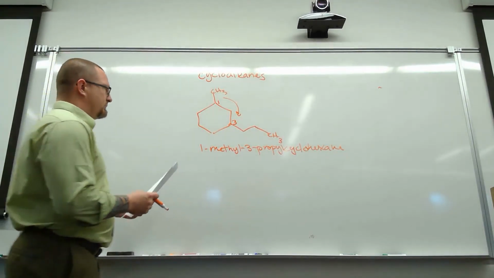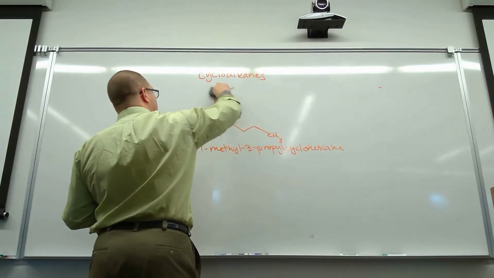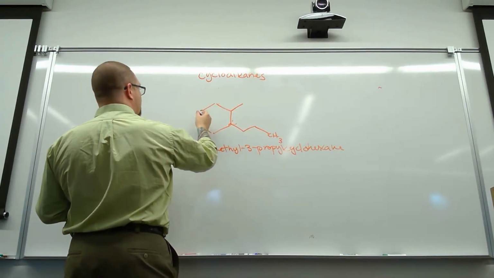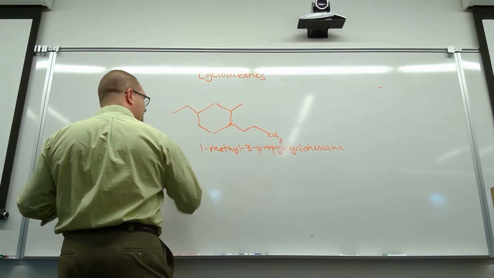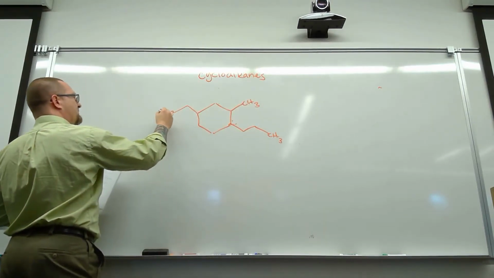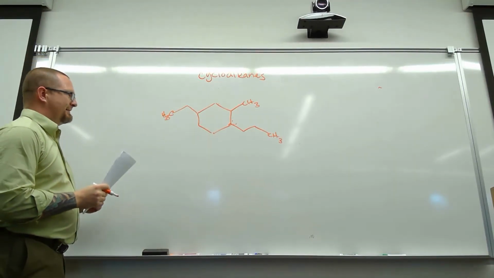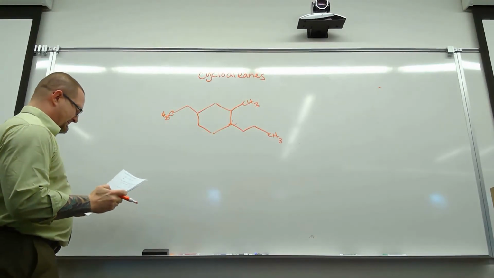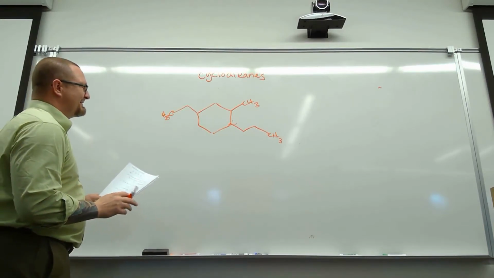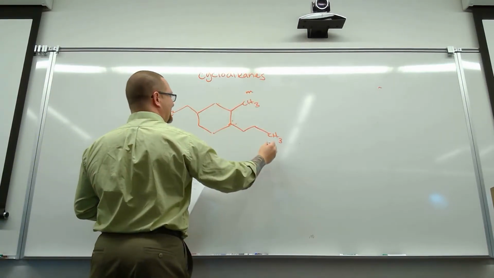What if we have another one? What if we had a methyl, an ethyl, and a propyl? 1-ethyl, 3-methyl, and then 5-propyl cyclohexane. We've got an E, we've got an M, and we start with the propyl.